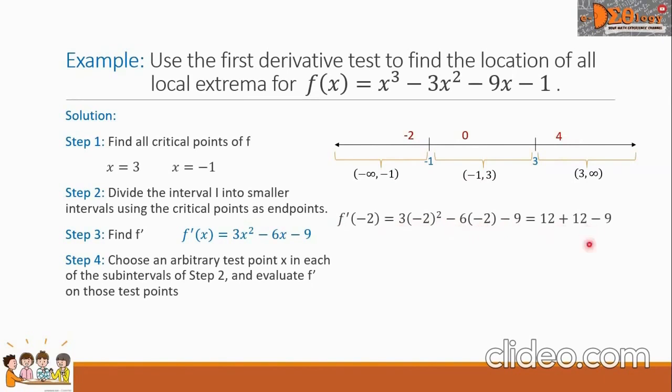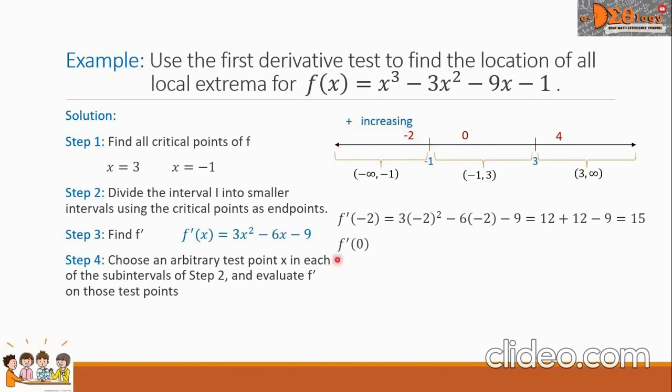Then we copy the -9. When we simplify these numbers, the final answer is +15. We are more concerned with the sign of the number 15. So this positive represents the sign of the derivative on this interval. So we take a note here that we have a positive, or the plus sign, and we know that we have an increasing function on this interval.